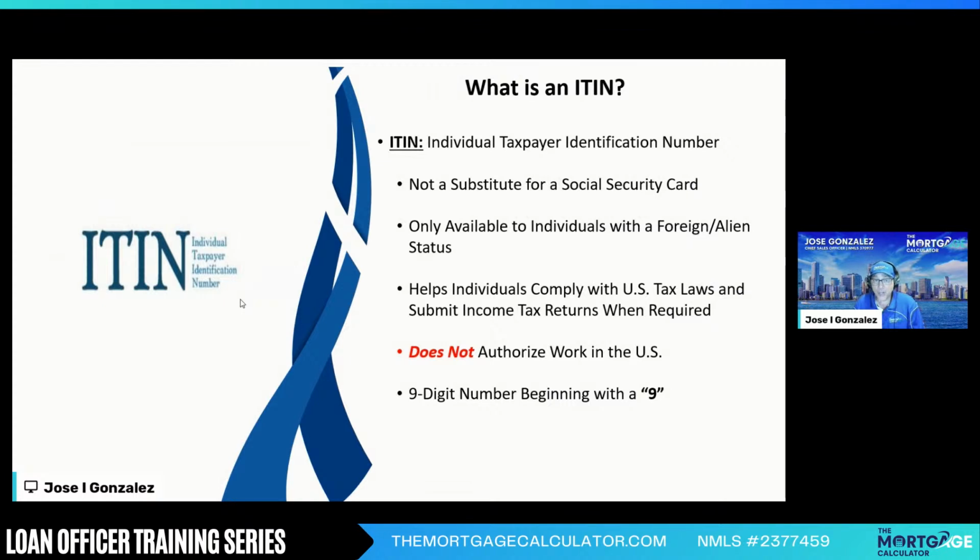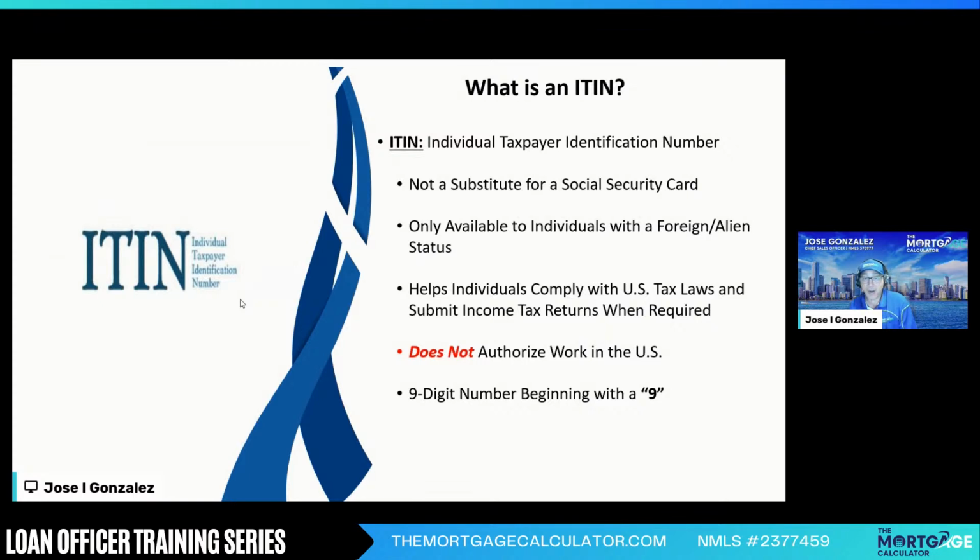Now, please note that just because the borrower has a valid ITIN does not mean that they are authorized to legally work in the United States via W-2 employment. They may be working in the U.S., deriving income in the U.S., but it is not going to be W-2 employment unless they have a Social Security number and not an ITIN.